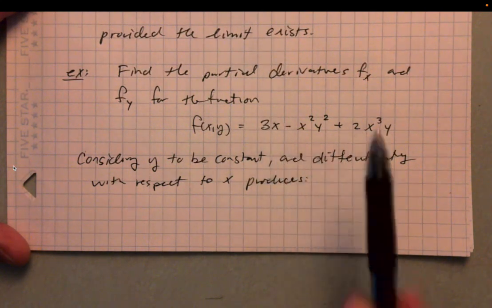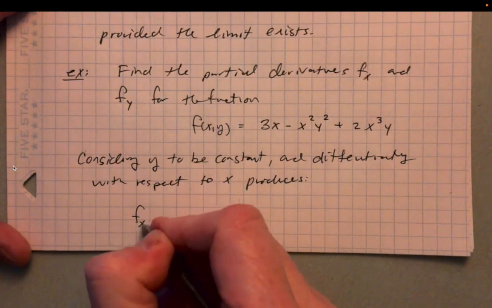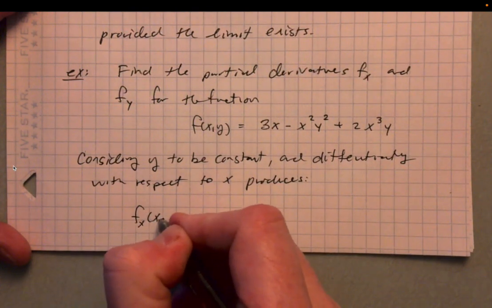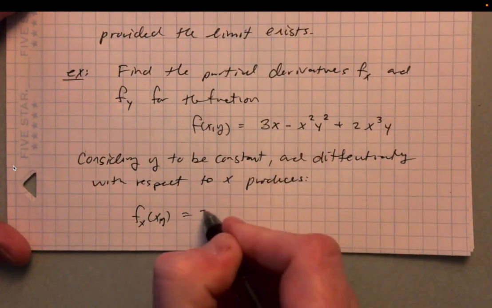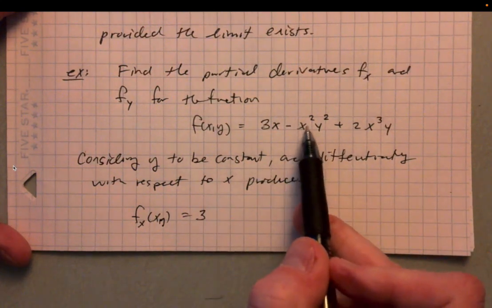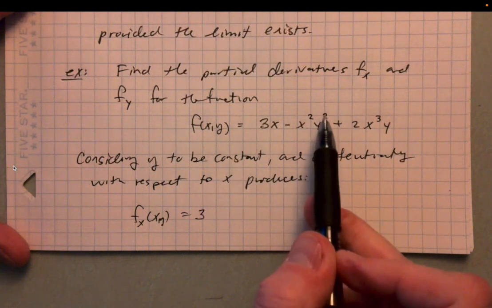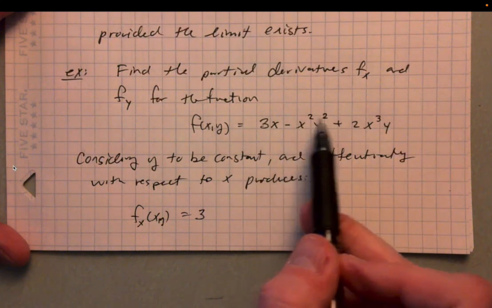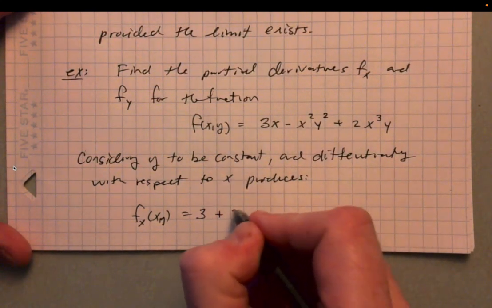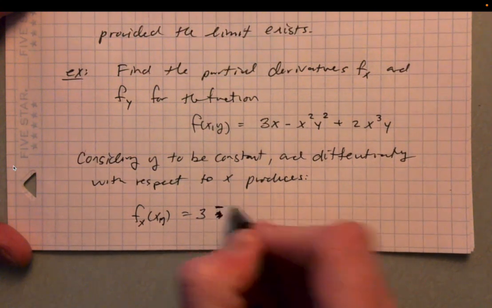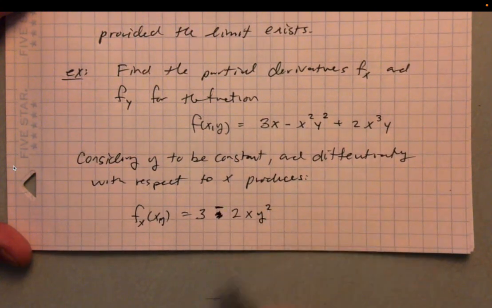We're differentiating with respect to x, so that just becomes a 3, right? And then what happens here? Well, remember y squared is a constant when we're differentiating with respect to x, so this would be 2x y squared. Oh, actually minus 2x y squared.